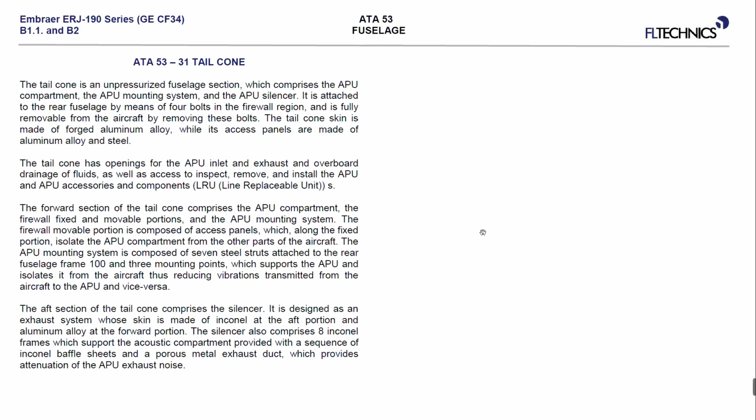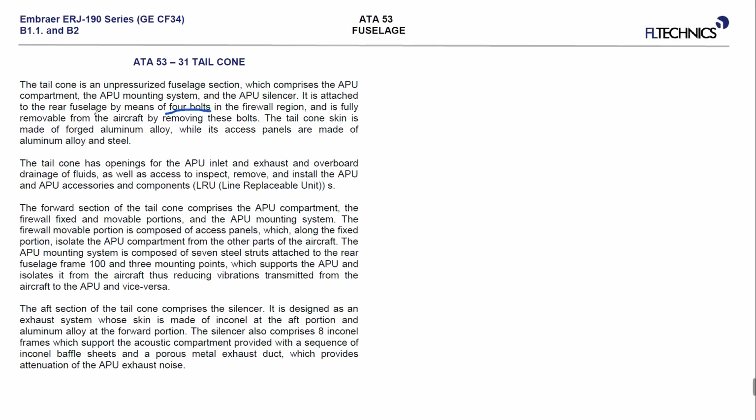It is written that in some cases you can remove the tail cone section. Of course, you have to remove also the APU. I don't know for what reason you can do that, but anyway, it's written that we have these 4 bolts, and you can remove the entire section.